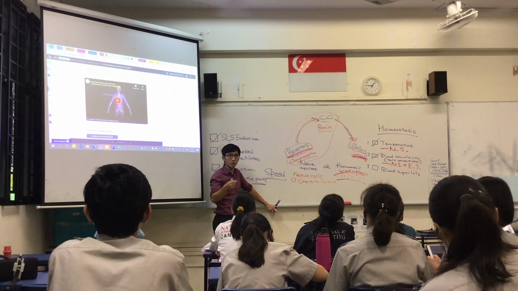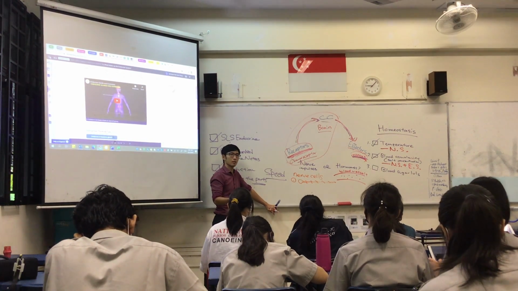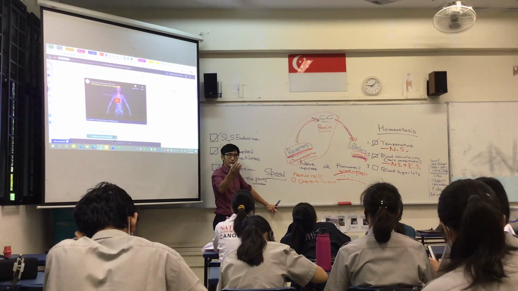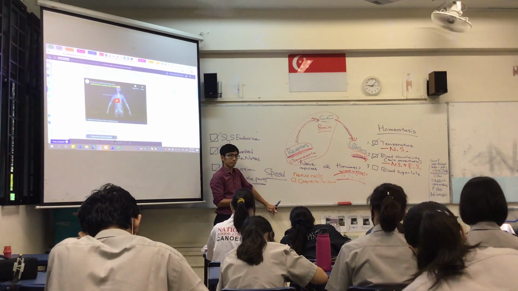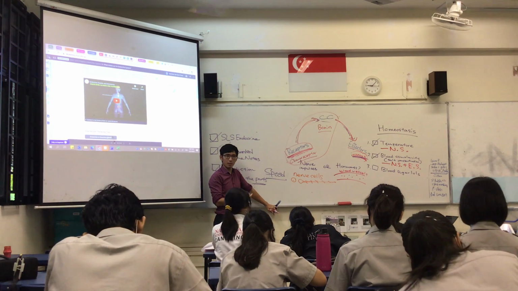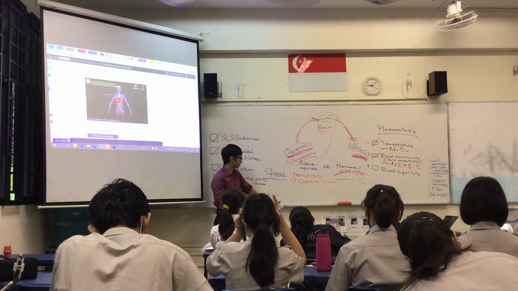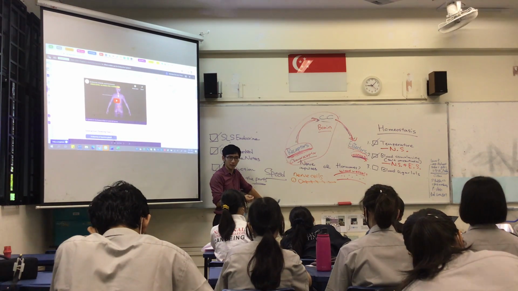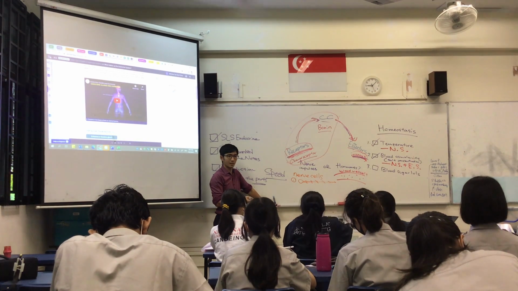Some things you can only control using hormones, some using nerve impulses. So I think it also depends on the nature of the effect. Anything else that we might want to consider with regards to these things, other than speed as a factor? Yeah, Nicole.